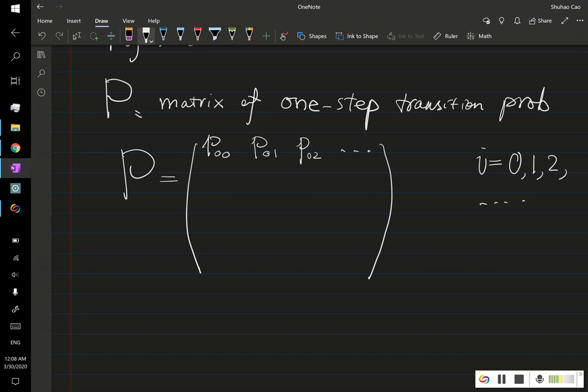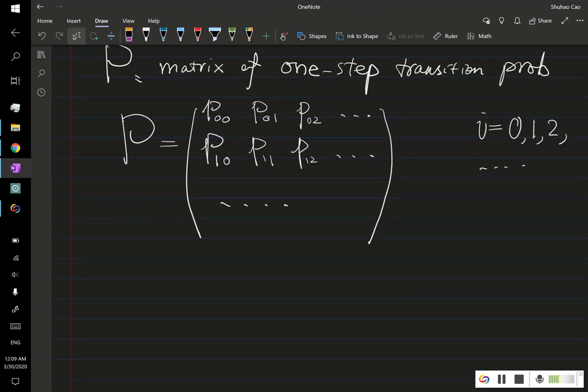And similarly, we have P10. This is the probability that we're at state 1, and what's the probability we're at state 0 next time? Similarly, we have P11 and P12, etc. So this is a matrix.